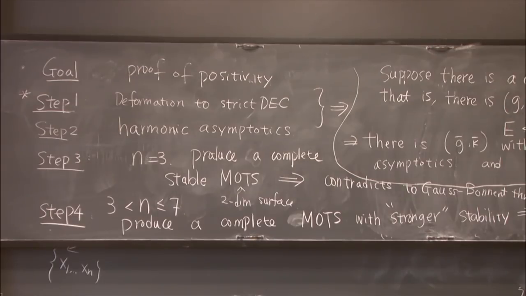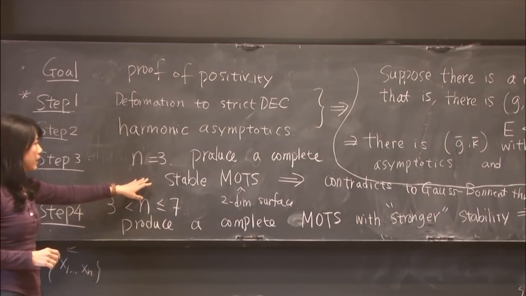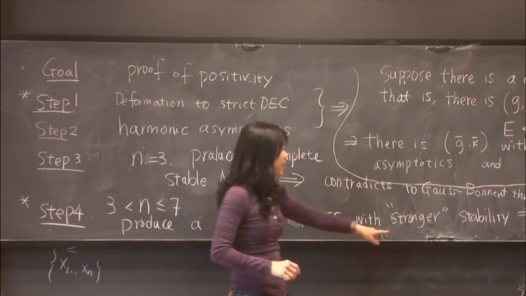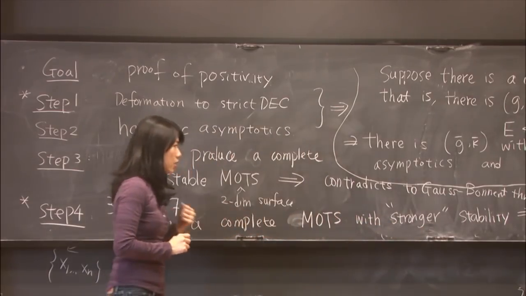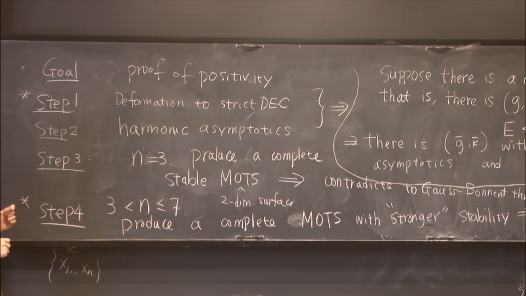So I don't think I will write that down. But it can be done. And one of the fundamental differences is step 4, because we have to work on hypersurfaces which are not from minimizing any quantity. So it's already quite amazing. There's an analogous stability. But then there's a stronger stability. It really requires some new argument in step 4.